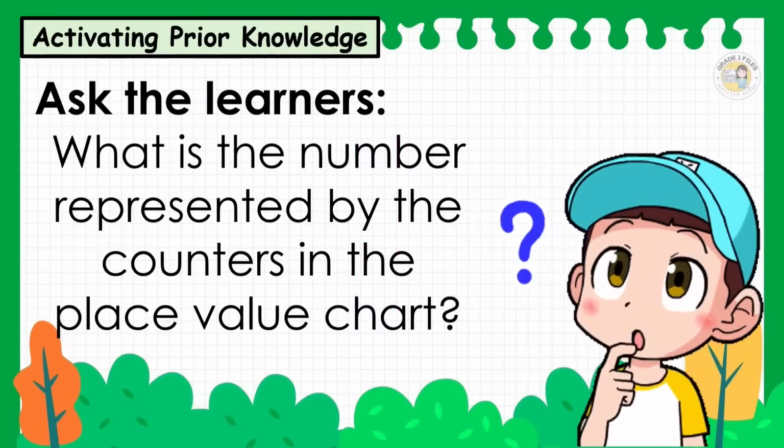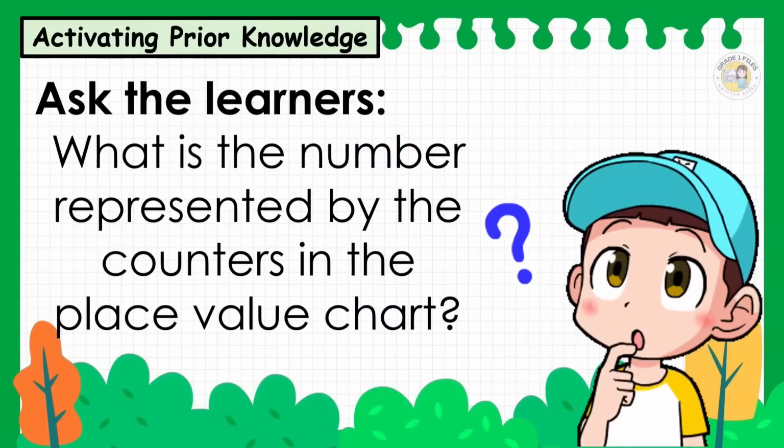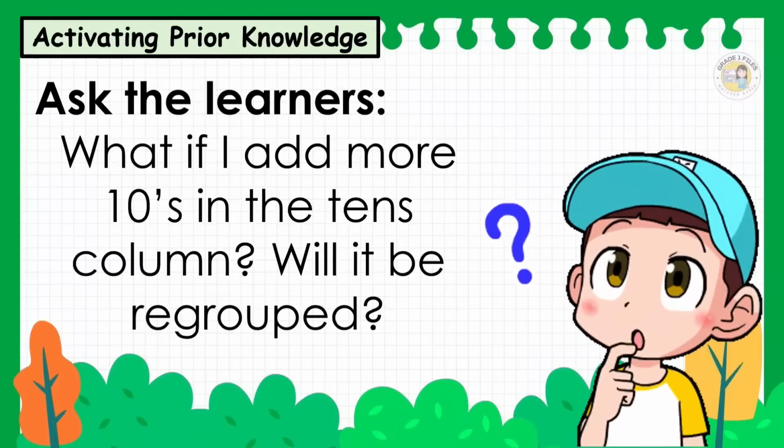What is the number represented by the counters in the place value chart? What if I add more tens in the tens column? Will it be regrouped?